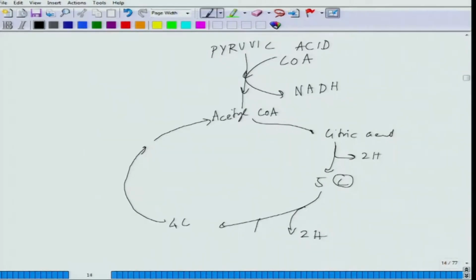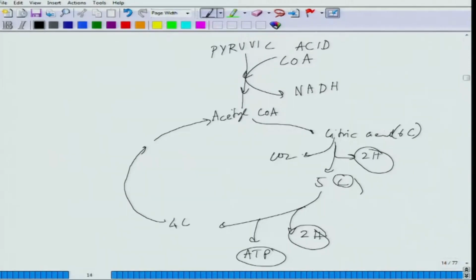So, this is generating ATP out here. There is always a proton gradient which is getting created in this process. Citric acid is 6 carbon; it gives away a CO2 out here, and the 5 carbon gives out a CO2 out here. These proton gradients which are getting generated, 2H, 2H, are different proton gradients.